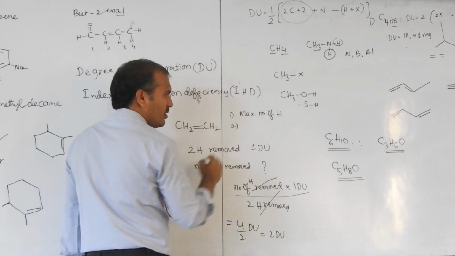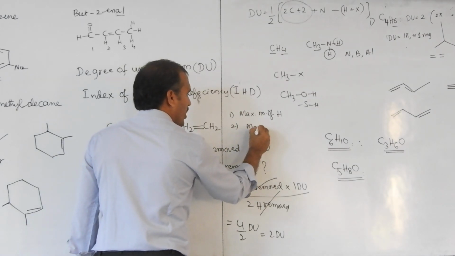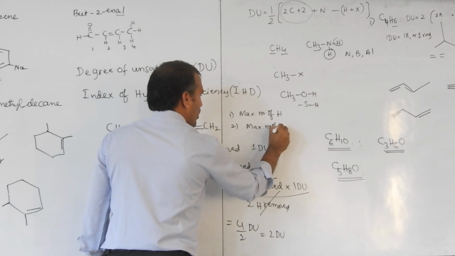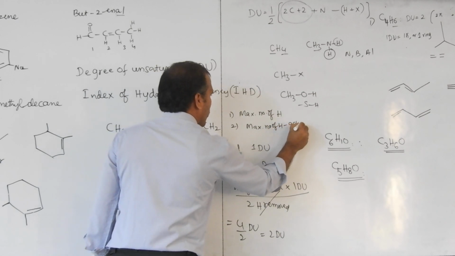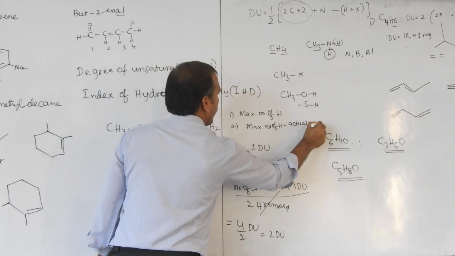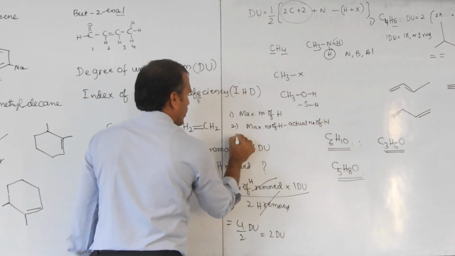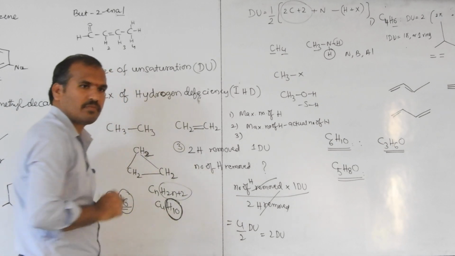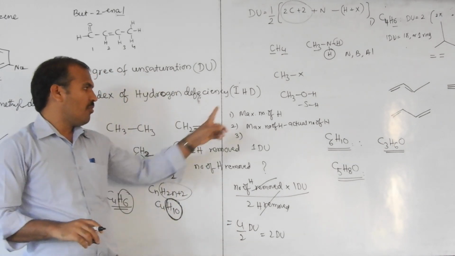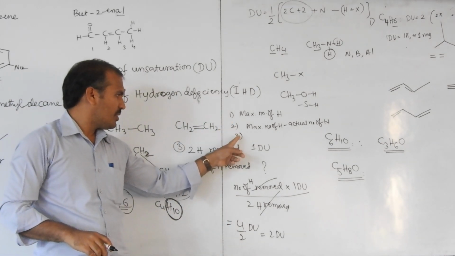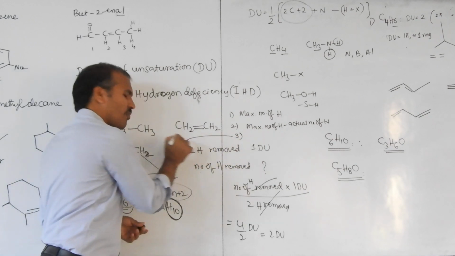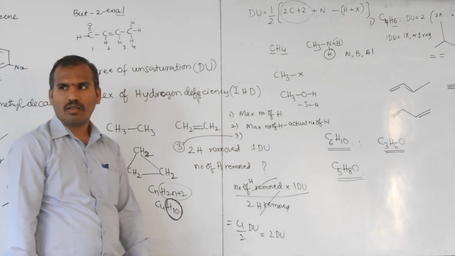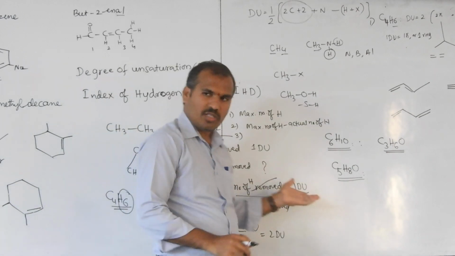The second step is maximum number of hydrogen minus actual number of hydrogen. The third one is this one only. Now I will explain both.